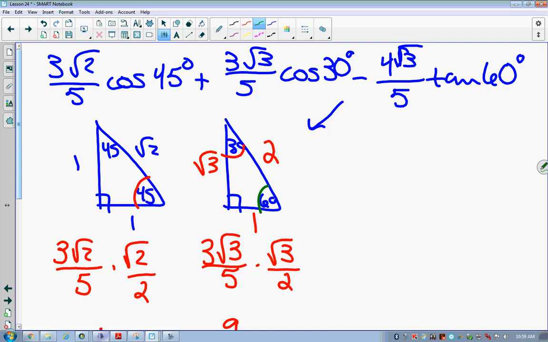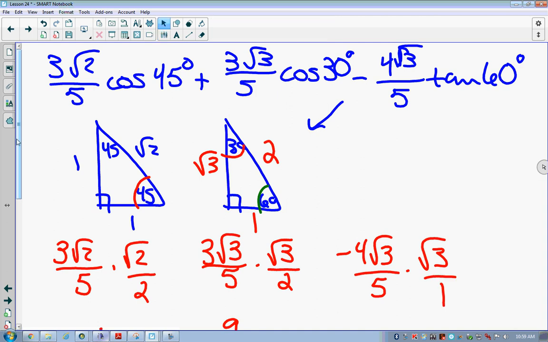Okay, well, what is tangent? Opposite over adjacent. What is opposite to 60? Radical 3. All right, so we've got negative 4 radical 3 over 5 times, you said radical 3 over adjacent. 1. Okay, good.